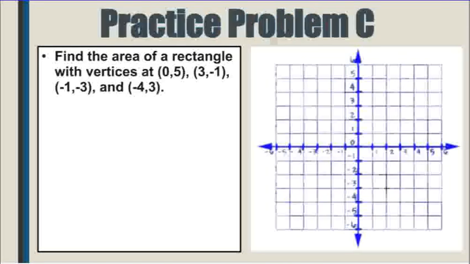And the last one here, find the area of the rectangle where vertices at 0, 5, 3, 1, negative 1, negative 3, negative 4, 3.